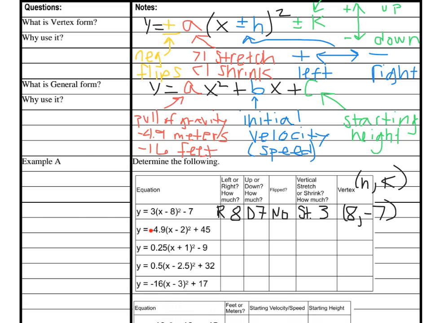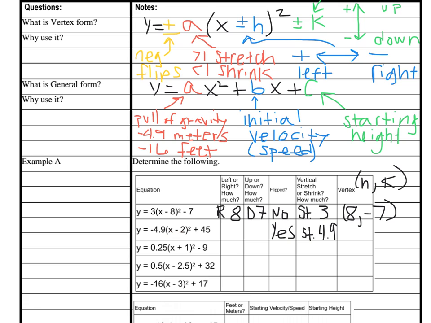Alright, next one. We have a negative out front right here. A negative out front tells us that we flip it. So it is flipped. We will write yes. This 4.9 out front is where the a value is. I do not look at the negative when I'm determining a. I just look at 4.9. 4.9 is bigger than 1, so it is a stretch of 4.9.